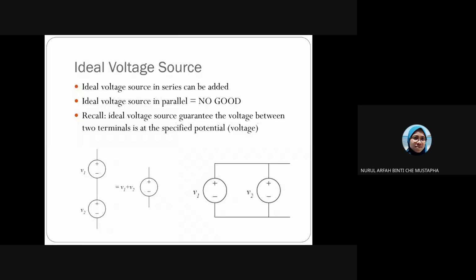Next, the ideal voltage source says that ideally it will supply exactly its rated value. In a real situation, it will not supply exactly 5 volt; it will have a plus minus 0.01 or 0.1. So you cannot expect the ideal voltage source to be exact in a real situation.